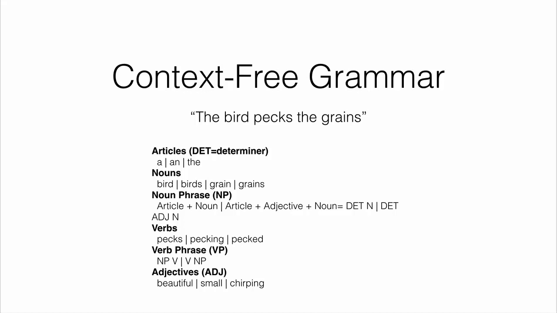So then we have, of course, nouns, which here we have the plural, the singular of the various nouns. Then we have our noun phrases, the verbs, of course, and there's different versions of the verbs, then the verb phrase, and the adjectives that are being used.